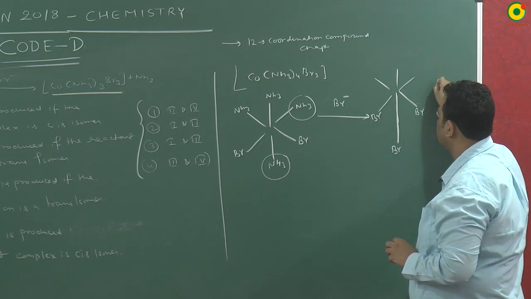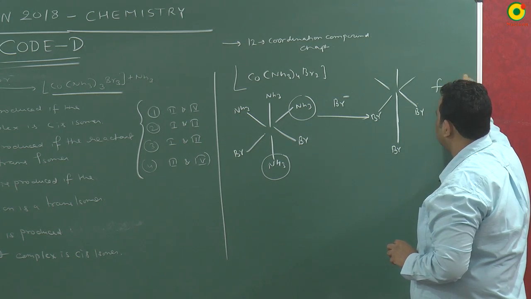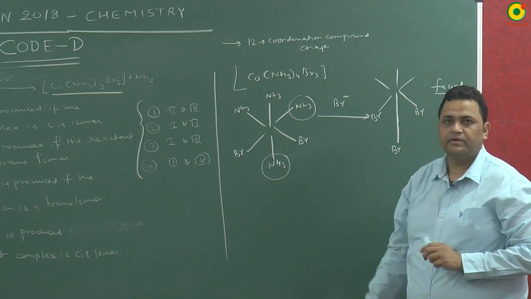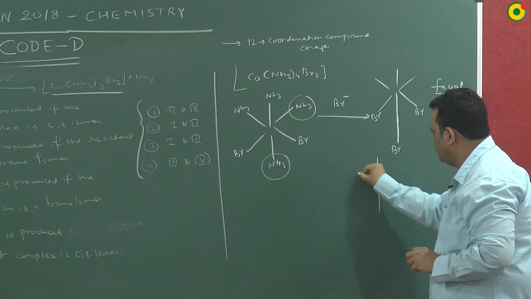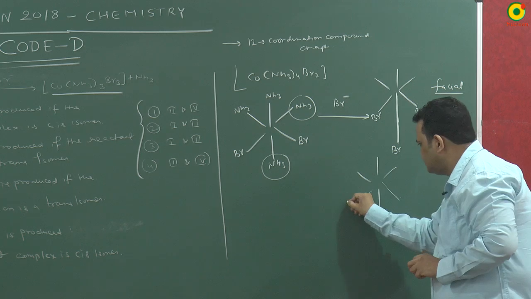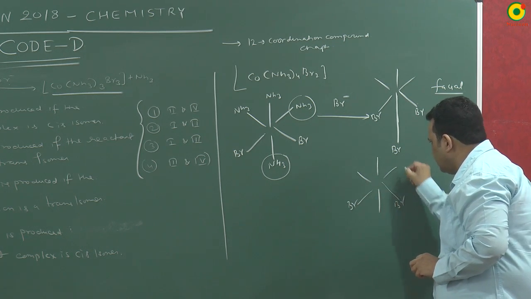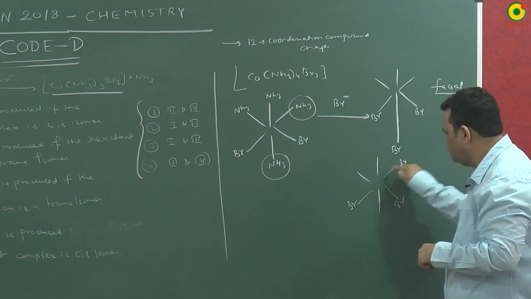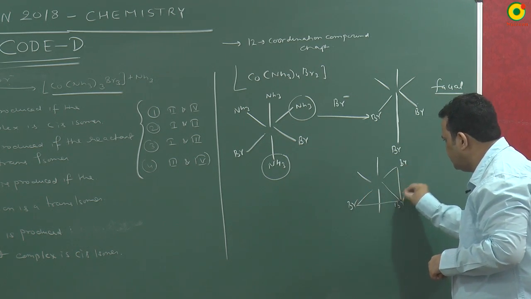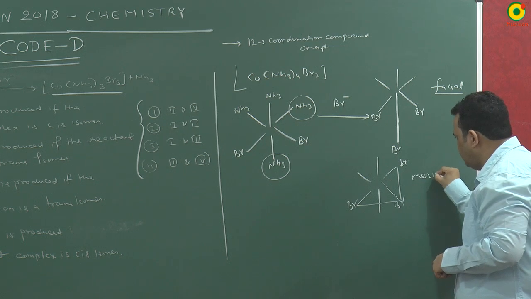This is called the facial isomer. If I replace this ammonia from this position, then this is Br, and Br is formed. Now 3 Br are in the same plane. This is called the meridional form.